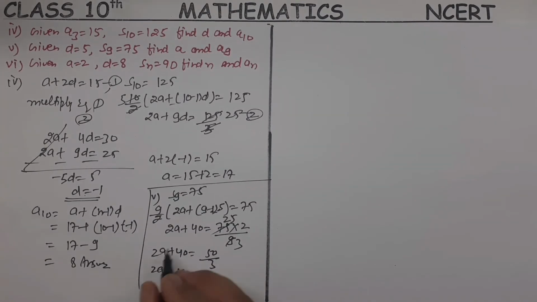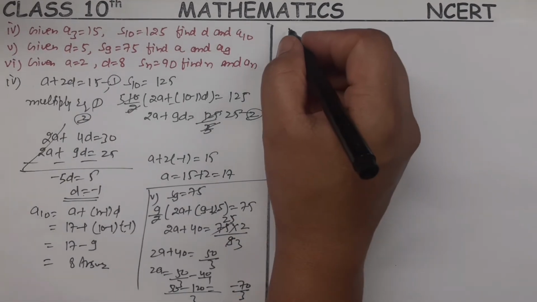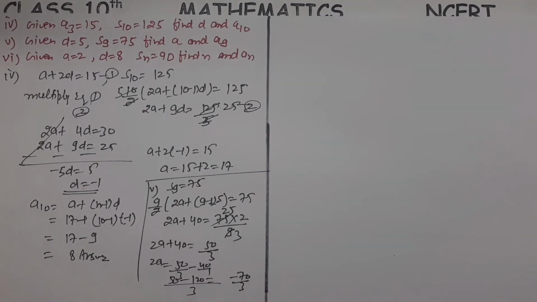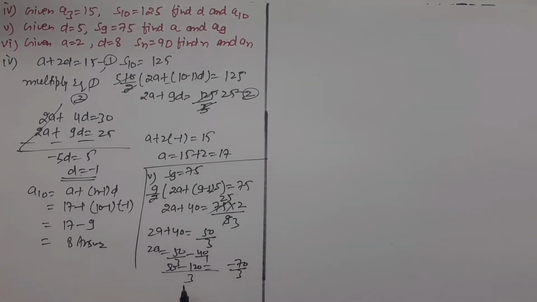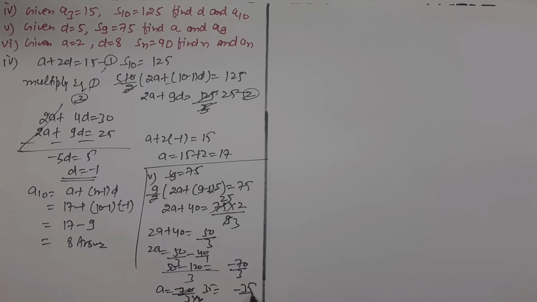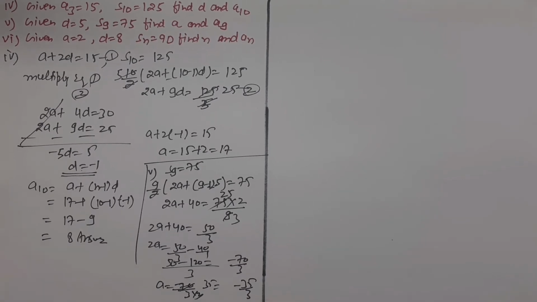2a is equal to: 40 goes to the right hand side in subtraction, minus 70 by 3, and the a is minus 35 by 3.